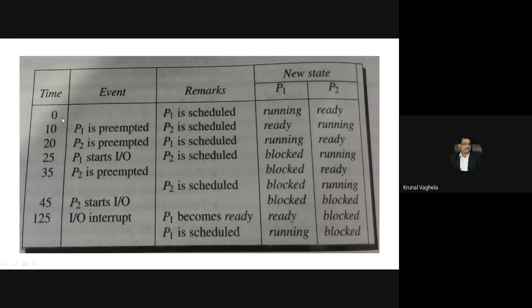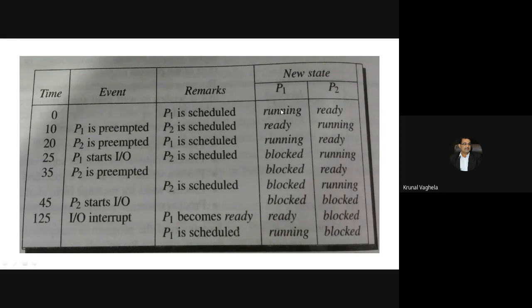So consider there is a zero time. That means you have started your computer, the initial time. So for example, P1 is scheduled. Scheduled means P1 will now start using the CPU. The scheduler has decided to allocate the CPU to process P1.